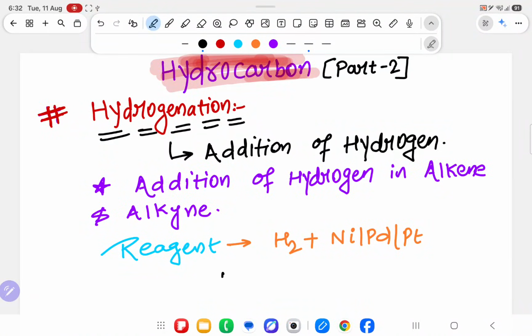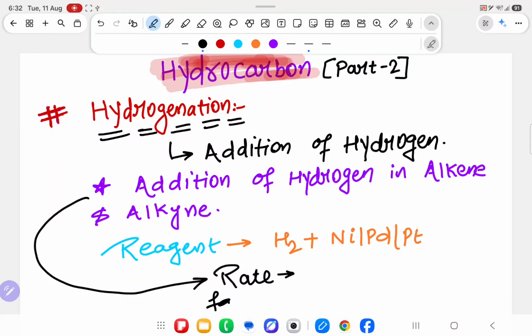If they ask in which case the reaction rate, meaning the addition of hydrogen, will be faster: hydrogen in presence of platinum is highest, then hydrogen in presence of palladium, then hydrogen in presence of nickel.